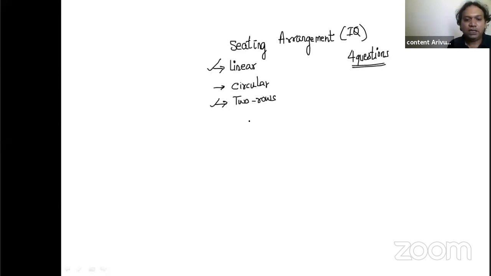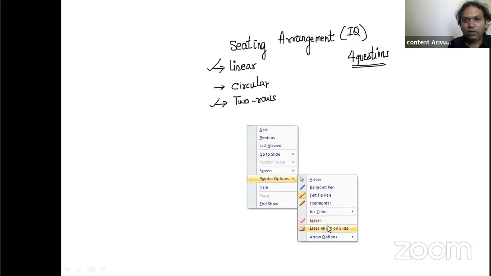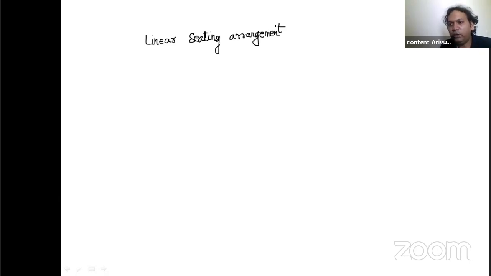Okay, so let's start with the linear seating arrangement. What is this linear seating arrangement? Take out your pen and paper, and in your notebook, write down linear under seating arrangement.